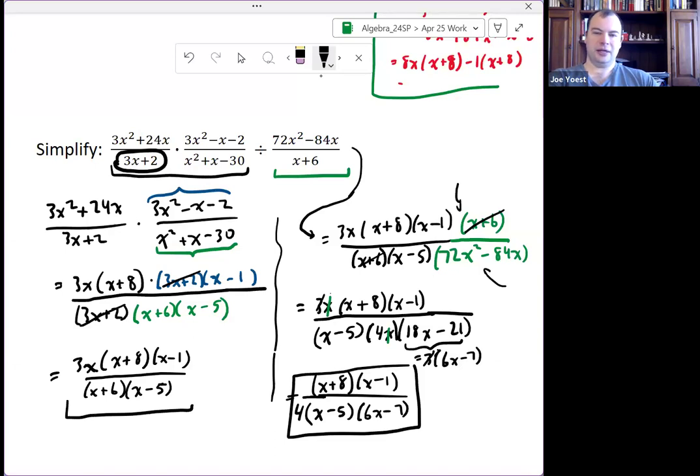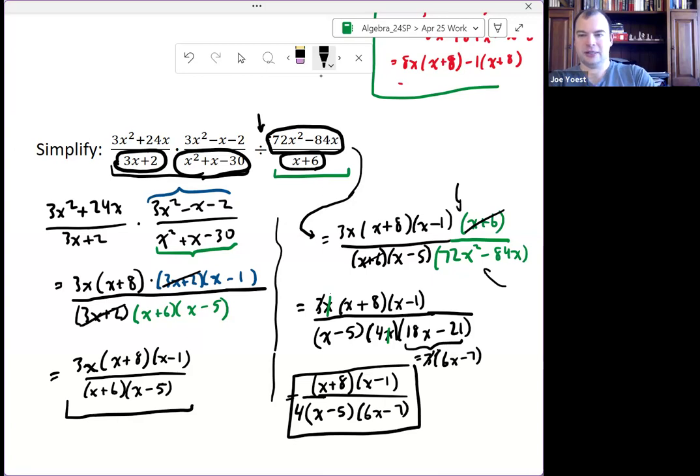I can't plug in any x that makes this 0, or that makes this 0, or that makes this 0, because obviously those inputs would make a 0 in the denominator of a fraction. We're not allowed to do that. But also I noticed that I'm dividing by this last fraction here, so I can't have any x inputs that would even make this one 0.